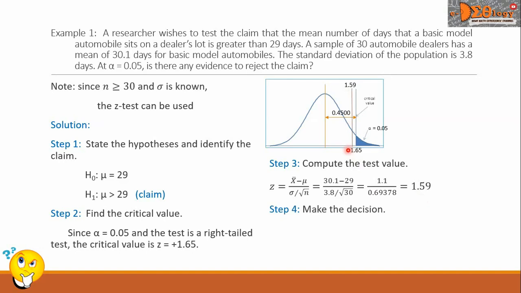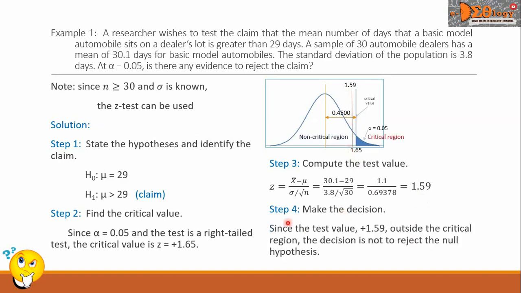And for step 4, we will make the decision. Since the test value positive 1.59 is outside the critical region, the decision is not to reject the null hypothesis. Or we say we accept the null hypothesis.